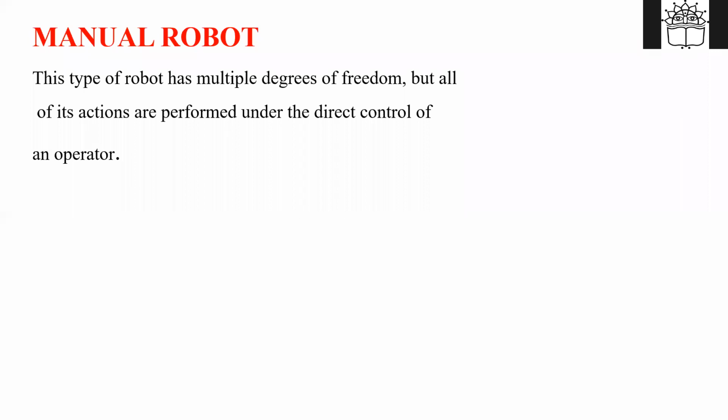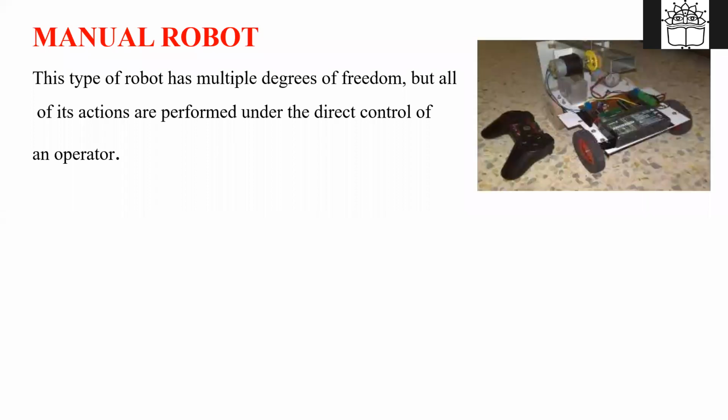So if you count, 3 linear and 3 rotational, a robot can have a maximum of 6 degrees of freedom. Okay, so this is the manual robot. It is very simple. These are the types of robots.